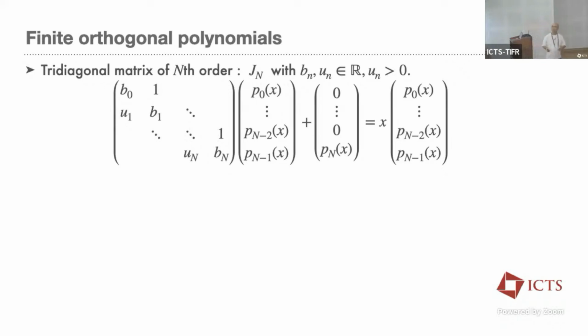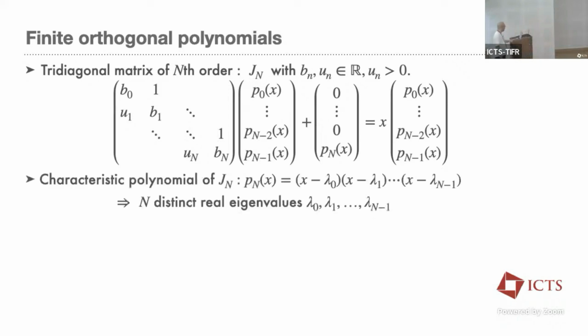But if we assume x could be an eigenvalue of this three-diagonal matrix, then this Pn of x should be 0. So the standard eigenvalue problem for a three-diagonal matrix appears in this case, completely coinciding with our case.